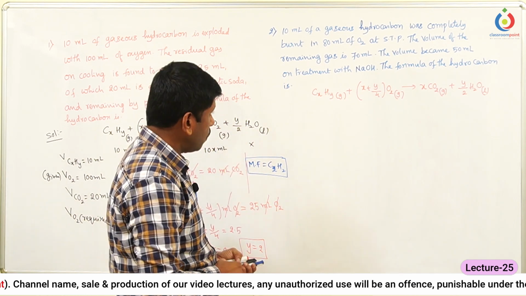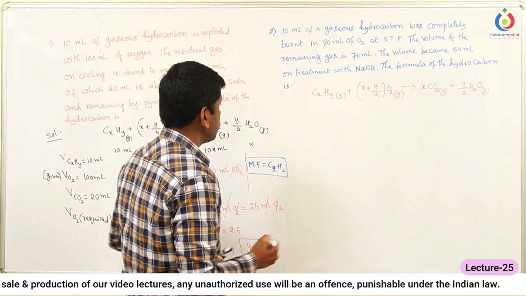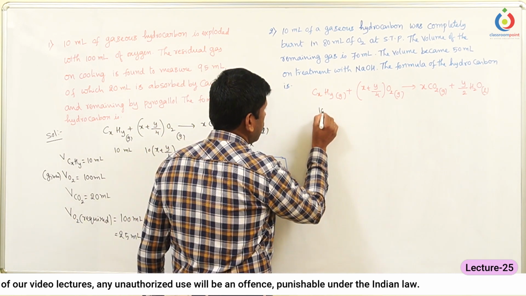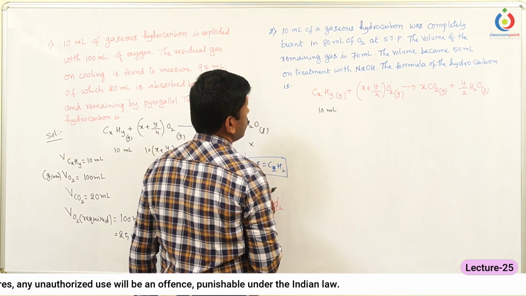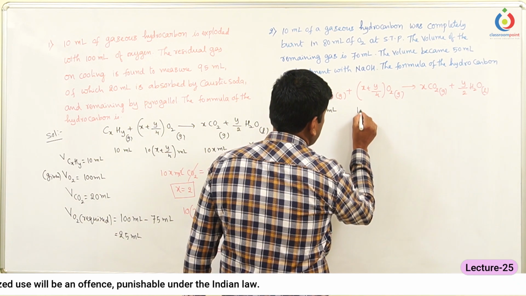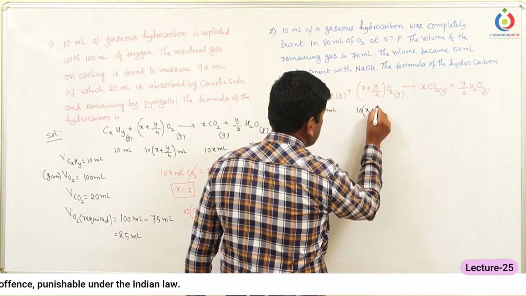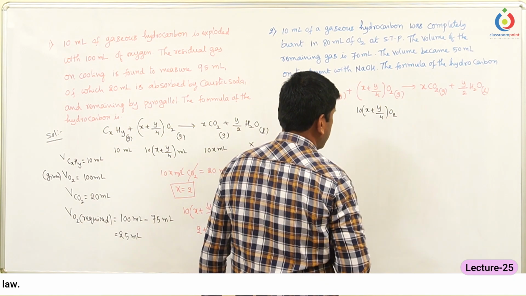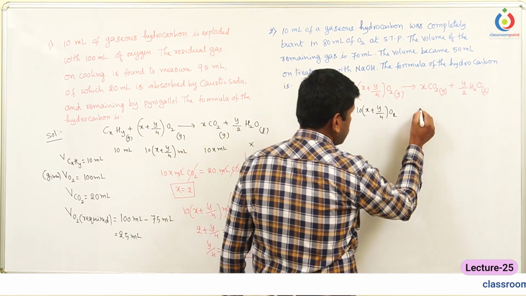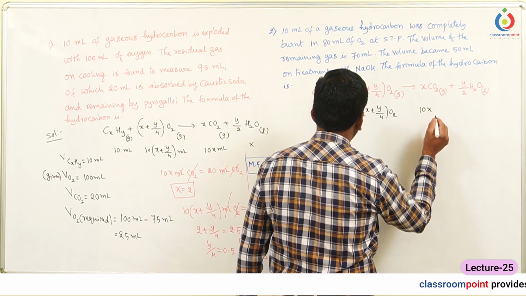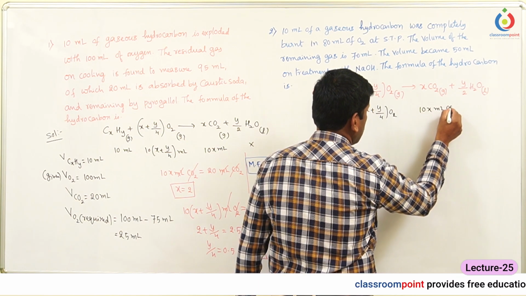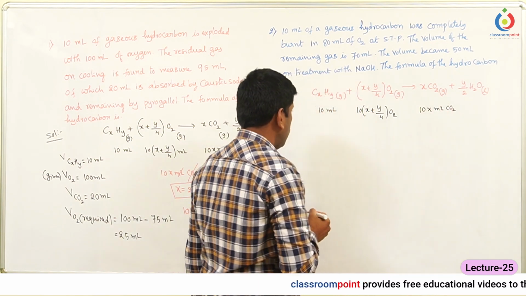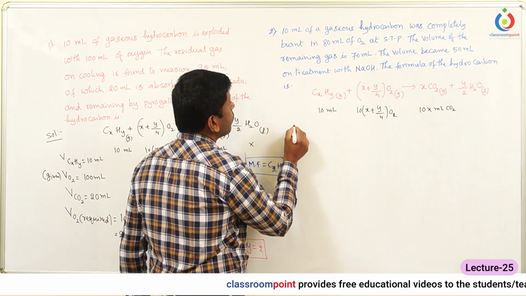So from this, what data they had given. 10 ml of hydrocarbon was used. So it requires 10 into (x plus y by 4) ml of oxygen and will produce 10x milliliters of carbon dioxide. Now let us write down the data here.